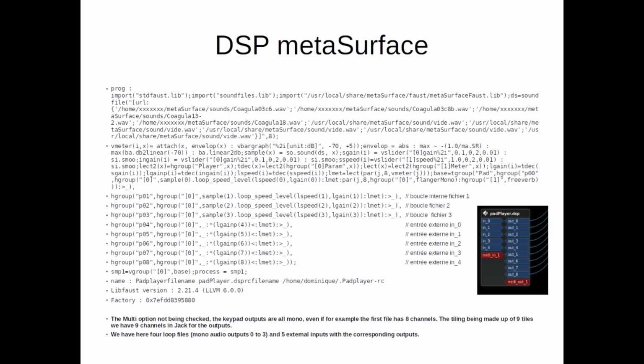Here are the free inputs available in Jack for connecting external mono sources. As the multi option is not checked, the outputs of the tiles are all mono, even if, for example, the file has 8 channels. As the tiling has 9 tiles, this gives us 9 channels in Jack for audio output.